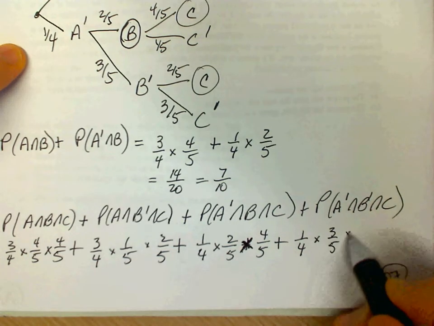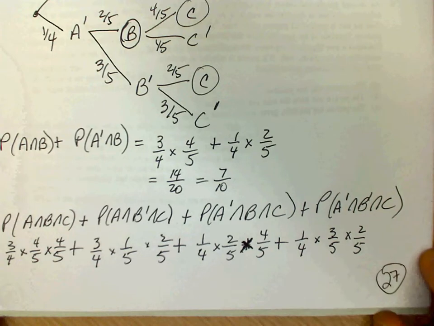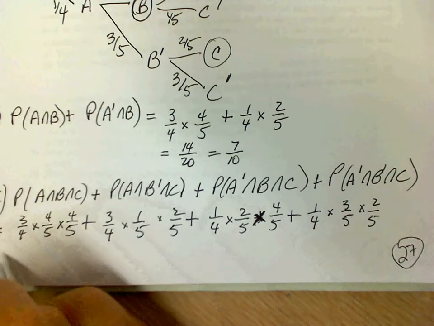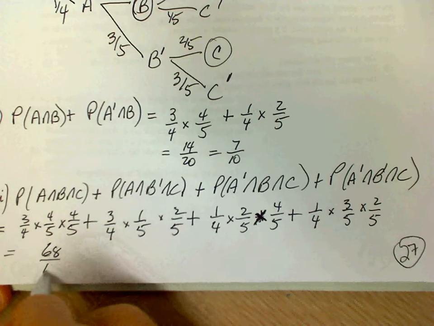Plug that in your calculator. You will get 68 over 100, and that equals 17 over 25.